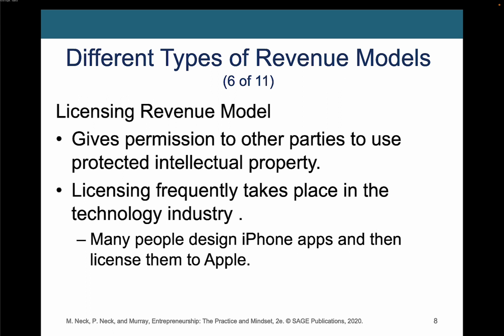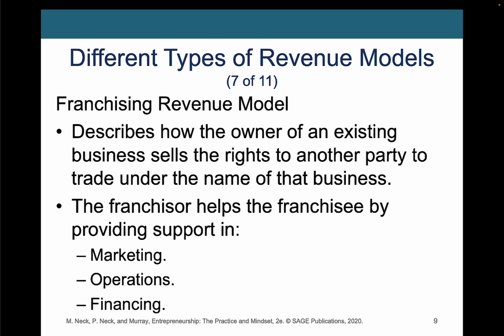Franchising revenue model describes how the owner of an existing business sells the rights to another party to trade under the name of their business. Famous franchise companies: McDonald's, Burger King, 7-Eleven, and various other companies that you can franchise, right? You can be a franchisee.